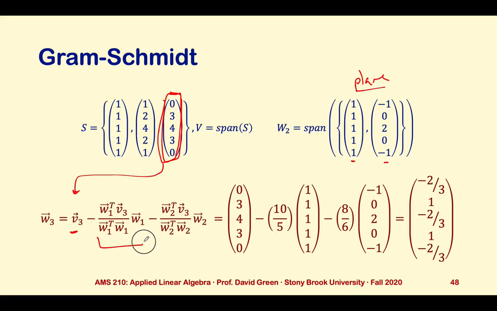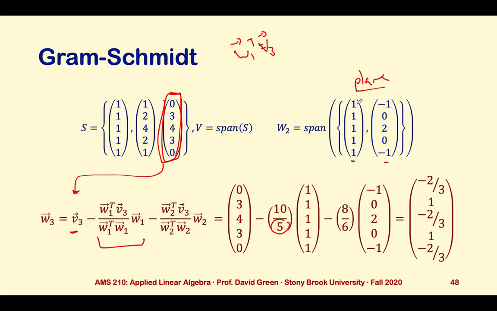What is the projection of V3 onto W1? Well, we have W1 given here. We've already computed the length of W1. We did that for the previous case, and we saw that it was 5. We need the dot product of W1 and V3, W1 transpose V3.